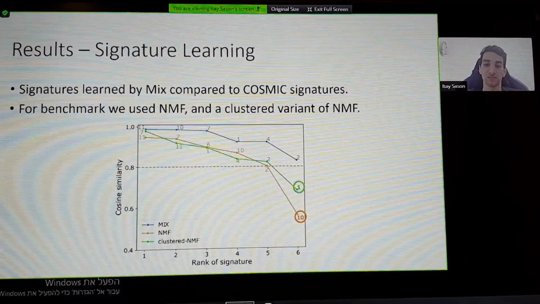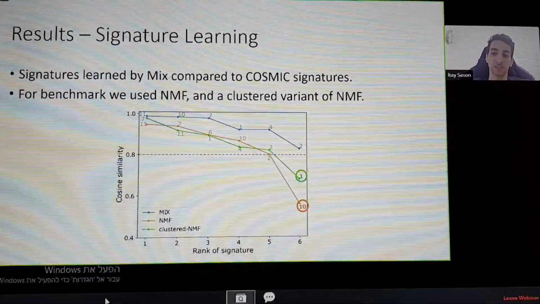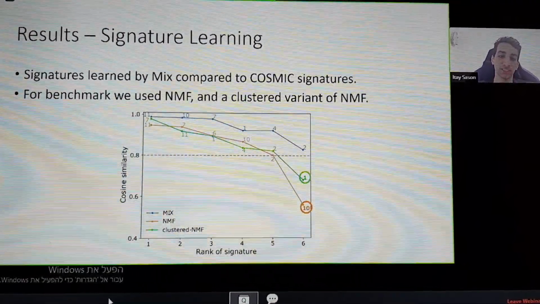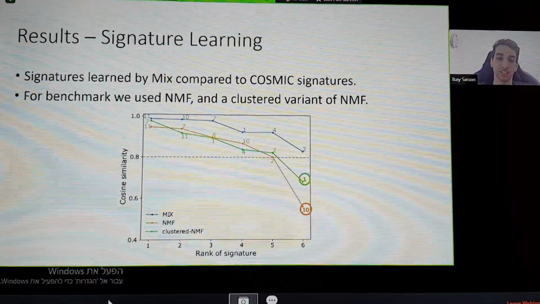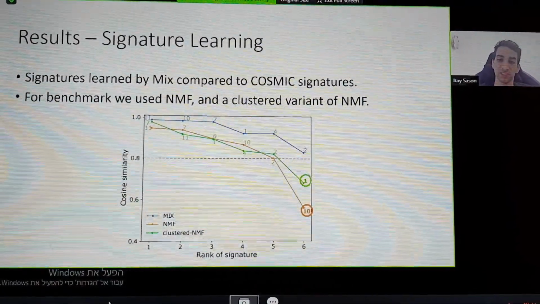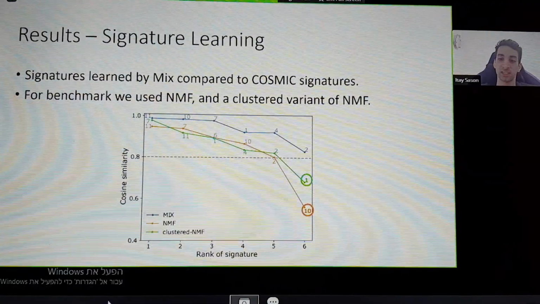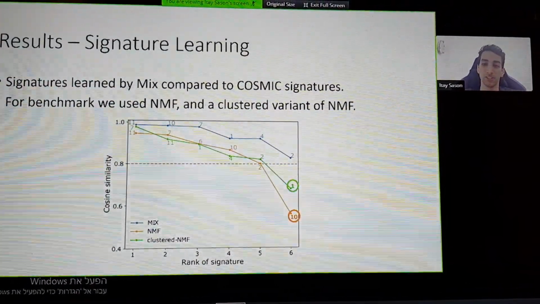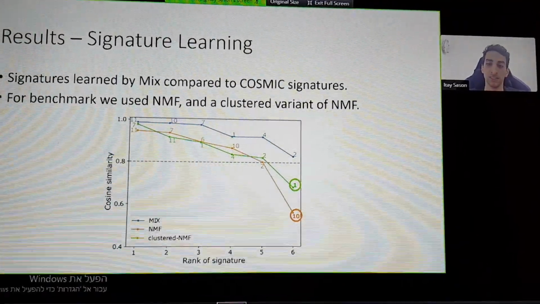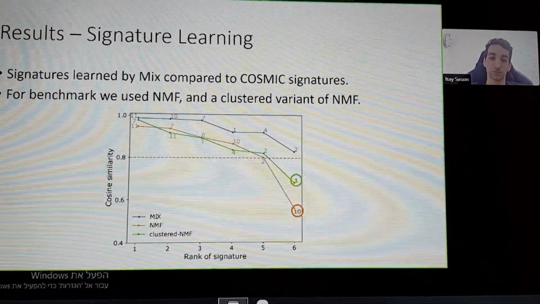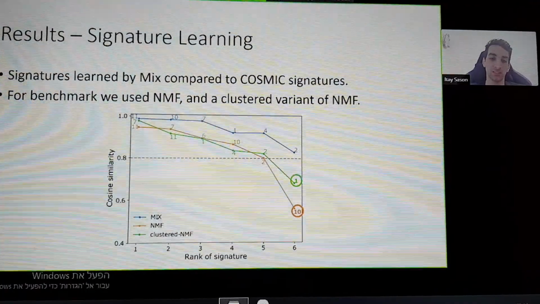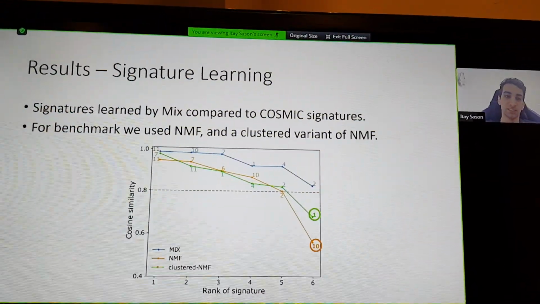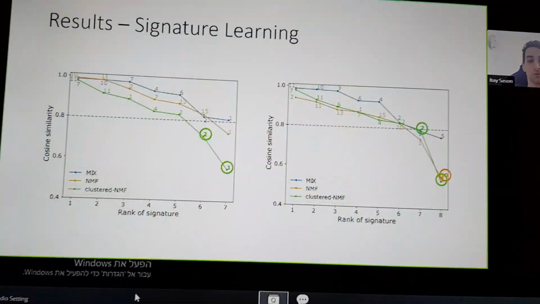We compared ourselves against non-negative matrix factorization and the clustered variant of it, where we first formed supersamples for each cancer type and then used NMF. As can be seen, signatures learned by Mix are more accurate than the other methods, with 6 unique signatures above the commonly used 0.8 threshold. The other 2 methods learned 5 signatures with lower cosine similarity, where we put the last one in a circle as the model already learned this signature.